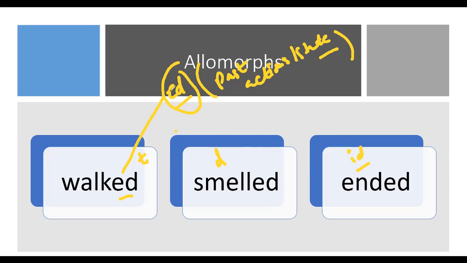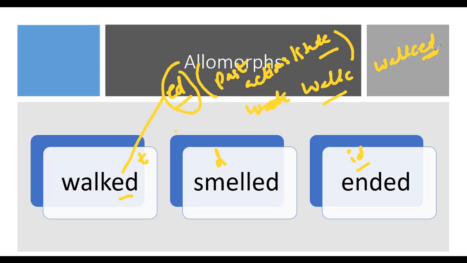Now, why is this inflectional? This is also important because this indicates the past tense. If I write "walk", basically I am talking about the present tense. If I want to talk about the past tense, I have to add "ed", which is an inflection. Why inflection?